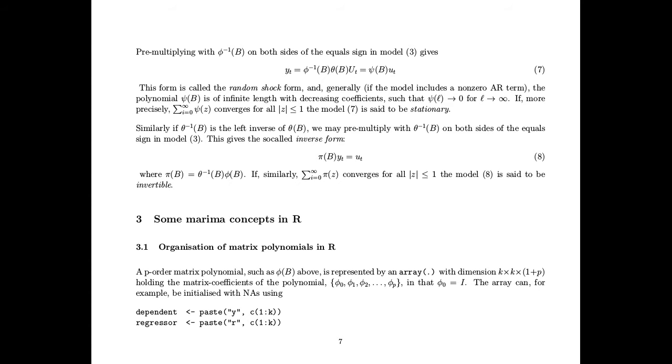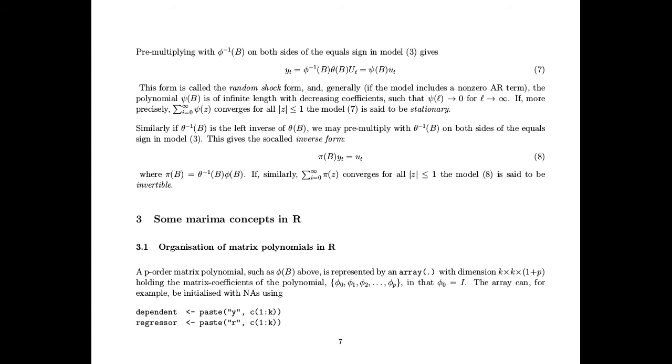So these polynomials in R, how do we deal with those? Say if you have an AR2 process, what do you need to keep track of? If it is a three-dimensional process, you need the identity matrix, and then you need two matrices of coefficients.